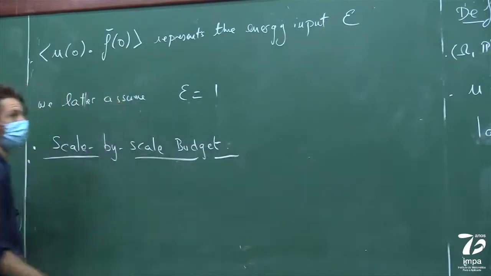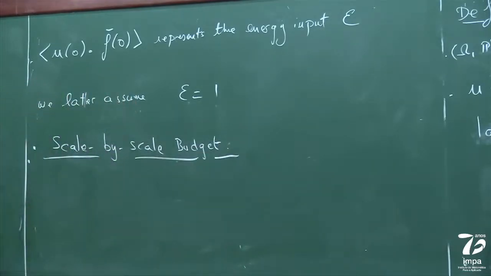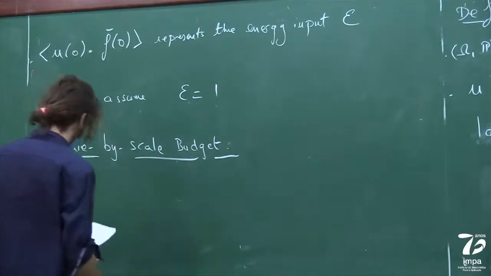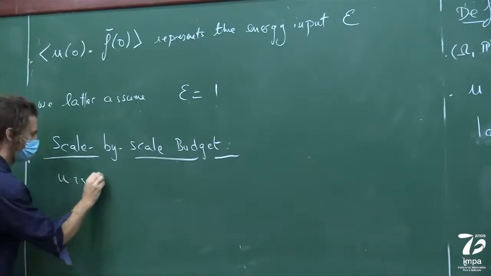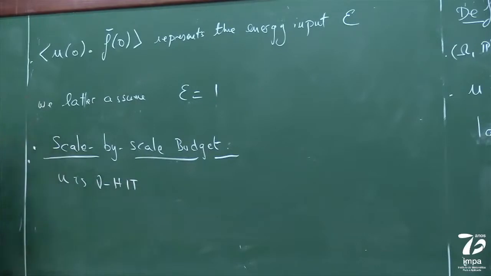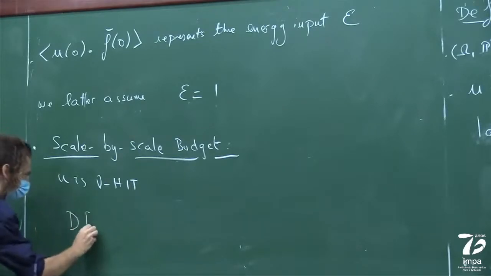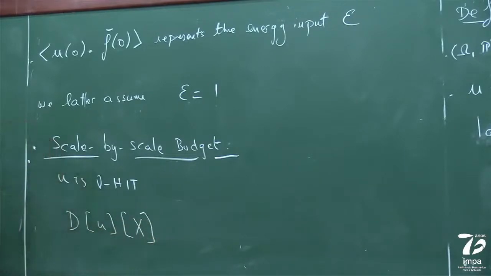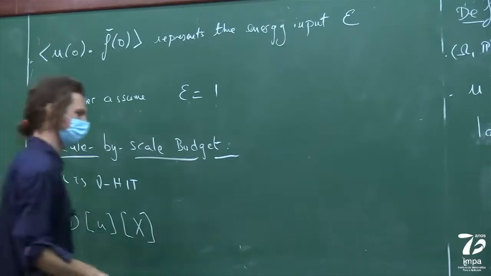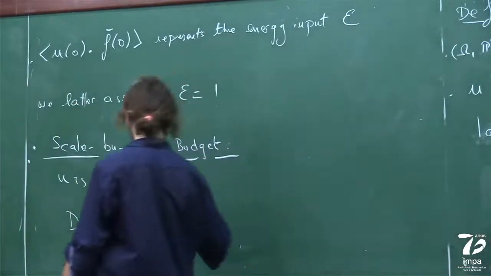Which is an exact relation under those hypotheses, which basically tells you that if u is a solution, then the following budget holds. In particular, this budget reads: there is a certain functional of the velocity field at a certain observable scale x. So this is the scale.